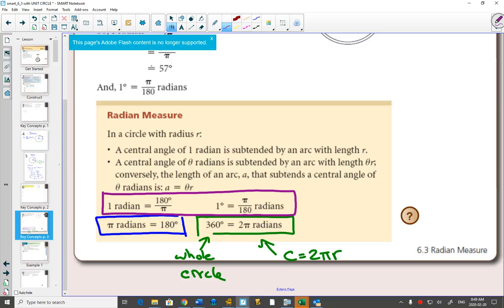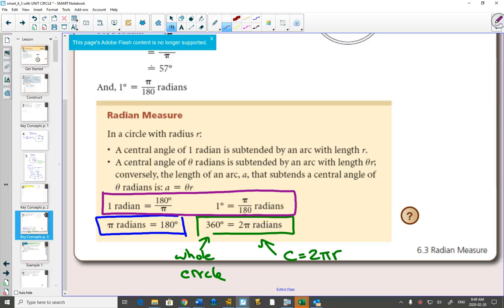The problem with the ones in the purple box is that they're very similar. Can you see yourself mixing them up? One has 180 over pi, the other one has pi over 180. So we'd have to come up with ways that you could remember them easily.